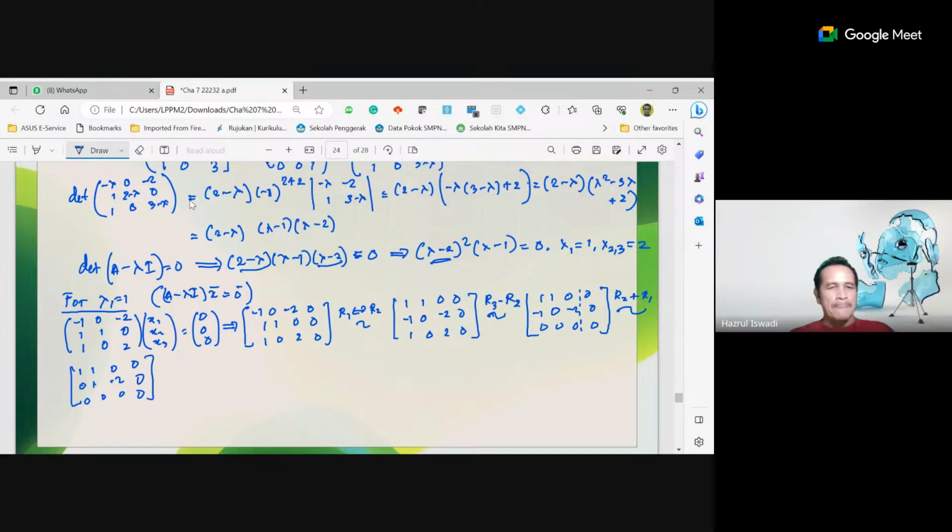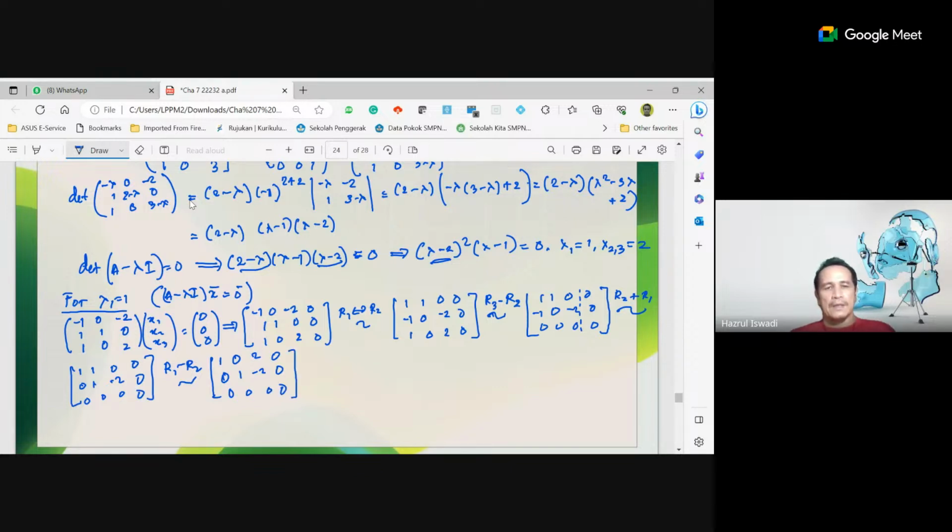Then we subtract row 2 from row 1 to make it a reduced row echelon matrix: 1, 0, 2, 0 / 0, 1, -2, 0 / 0, 0, 0, 0.